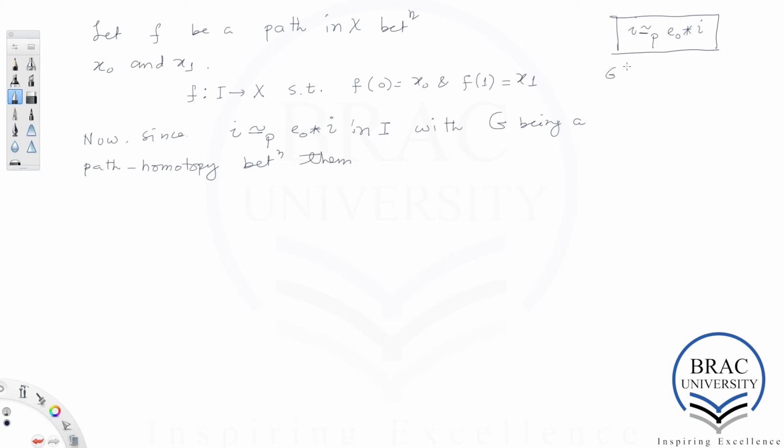Remember that we defined G of s comma t as (1 minus t) I of s plus t times E0 star I at s. This is how we defined the big G, okay, a while ago. So that G is a path homotopy between these two paths.